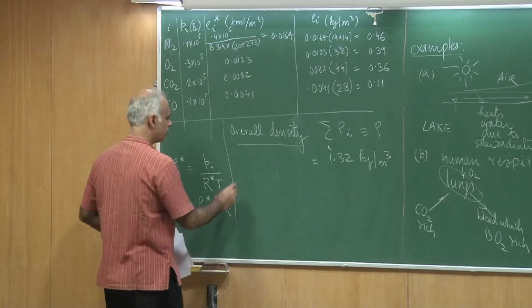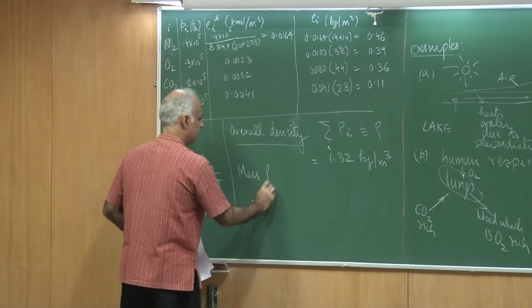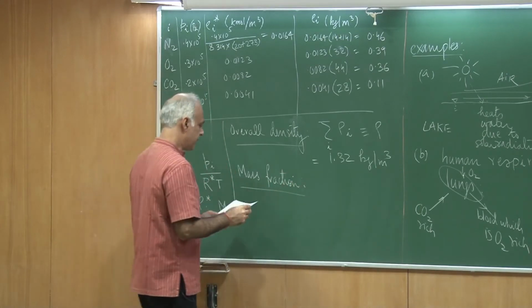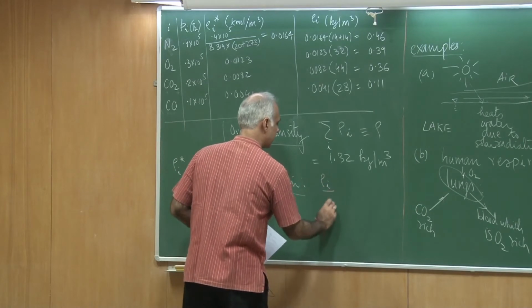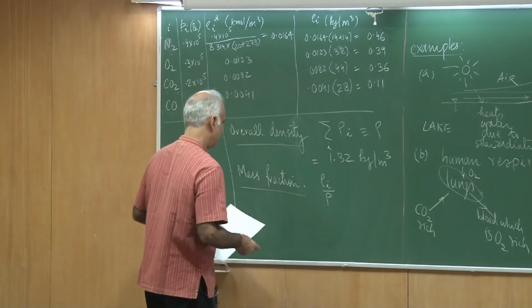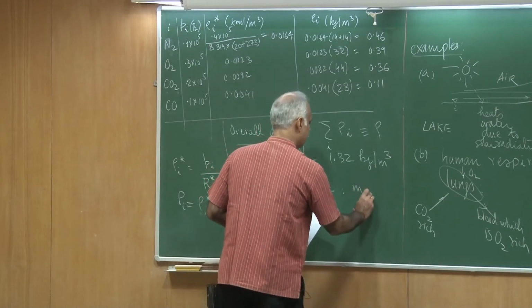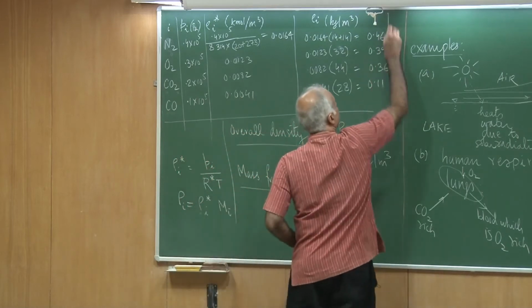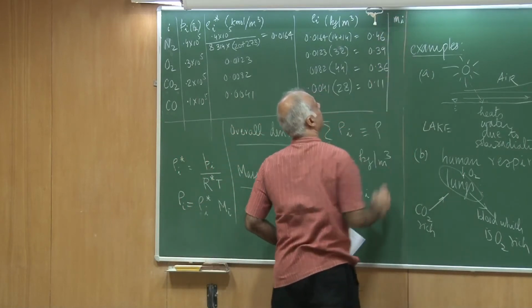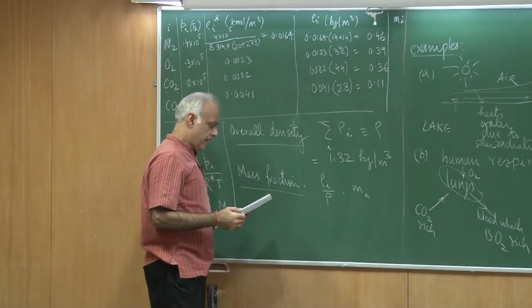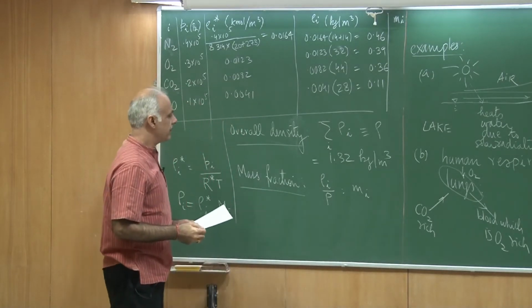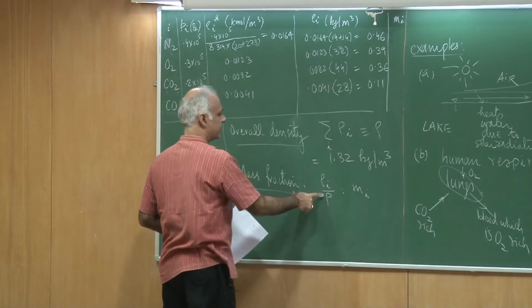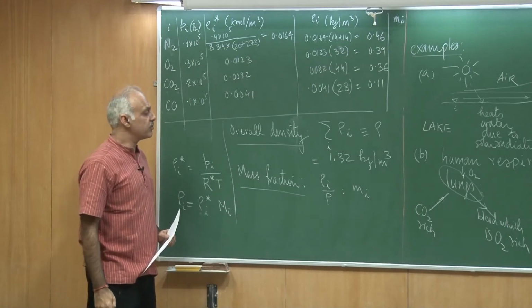The last thing that I want to talk about is the mass fraction. So that would be rho i by rho. So that's actually a quantity called Mi. So let me put another column for Mi here, and so all I need to do is just take this rho i and divide it with the rho that I have calculated, 1.32 over here.